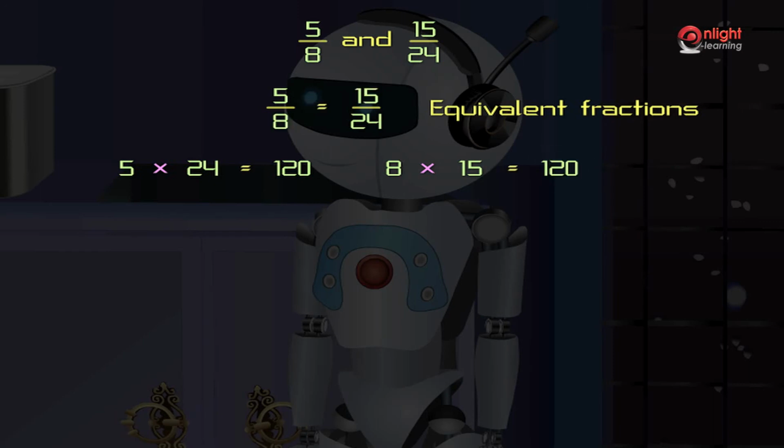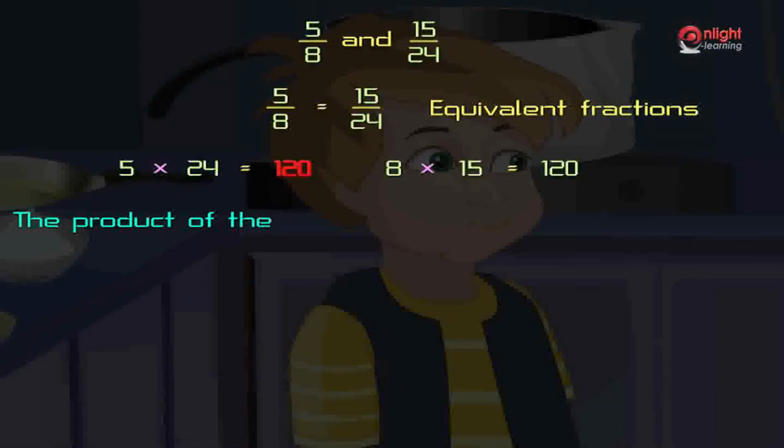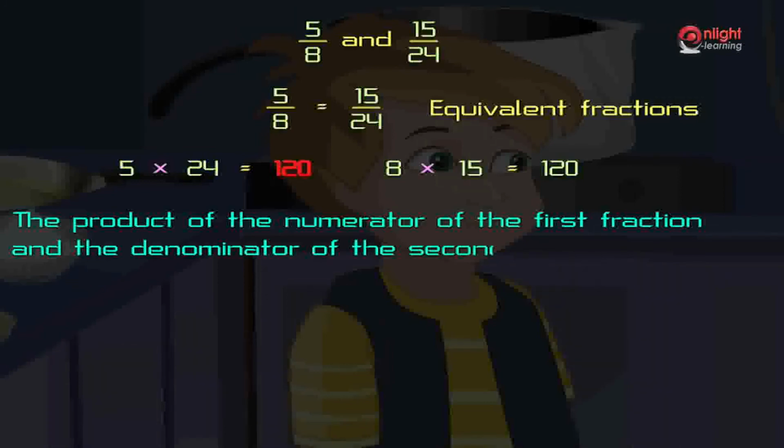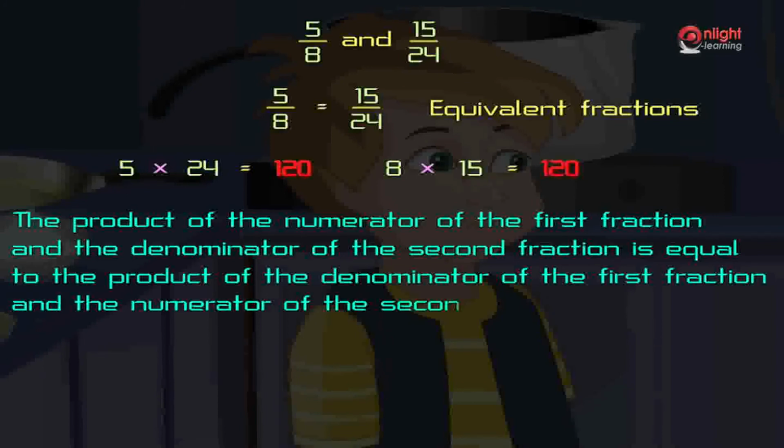Do this for other equivalent fractions also. What do you notice? It is interesting. For all the equivalent fractions, the product of the numerator of the first fraction and the denominator of the second fraction is equal to the product of the denominator of the first fraction and the numerator of the second fraction.